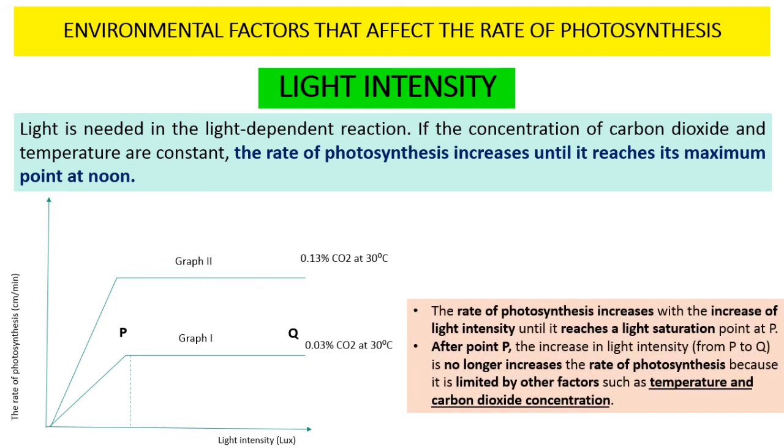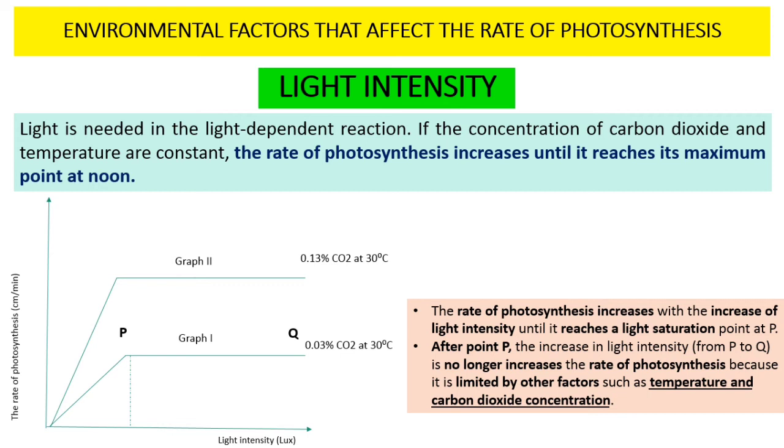At graph 1, the rate of photosynthesis increases with the increase of light intensity until it reaches a light saturation point at P. Look at the graph, point P. After point P, the increase in light intensity from P to Q no longer increases the rate of photosynthesis because it is limited by other factors such as temperature and carbon dioxide concentration.